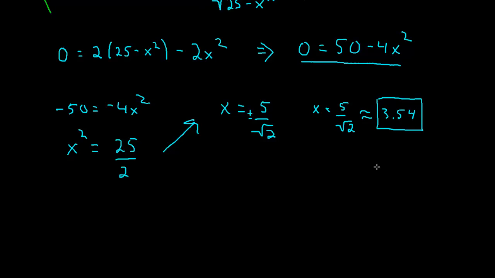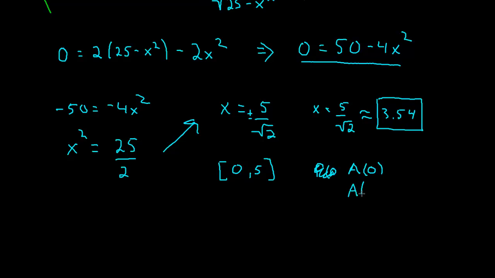That is the x value that most likely is going to maximize our area. We only really need to do one last thing. Remember that feasible domain from 0 to 5. Notice that this lives in there. And we had an extreme value theorem several videos ago that said that if you have a continuous function going through an interval, the extreme values are either going to occur at the endpoints or at the critical points.